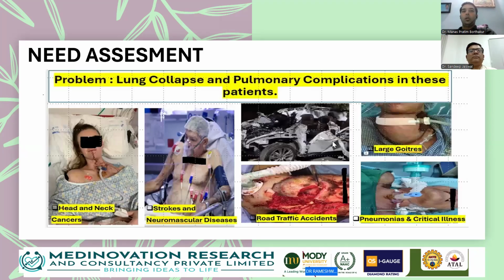So if you can see these pictures, the first is a patient having head and neck cancer who underwent this tracheostomy procedure, making a hole in the windpipe. Second one is an old patient who underwent stroke or neuromuscular diseases, road traffic accidents, which are very common in India, large thyroid swellings because of which the patient cannot breathe, so we have to make a hole in the trachea via the thyroid.